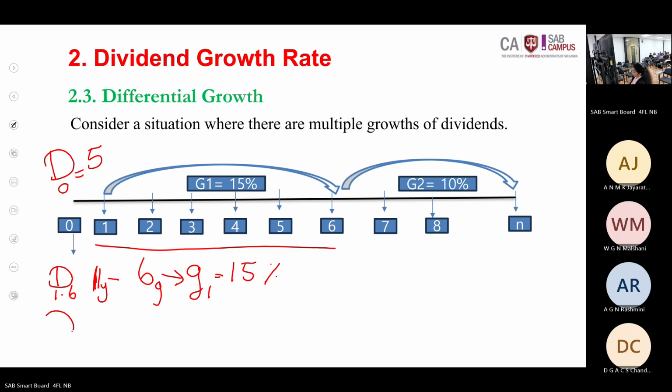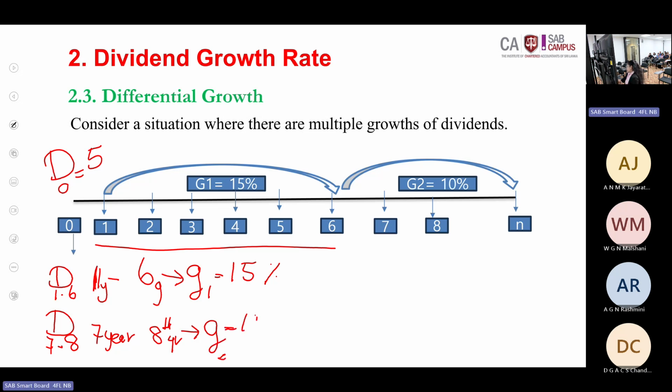Then D7 to D8, that means from the 7th year to the 8th year, dividends are growing at 10%. From here to here, the growth rate, since this is the first one, we mark it as G1, and this is G2, that is 10%.